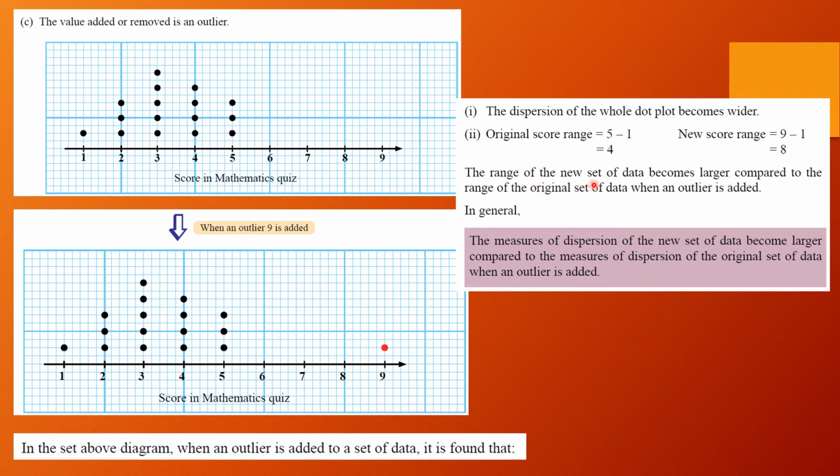The range of the new set of data becomes larger compared to the range of the original set of data when an outlier is added. In general, the measures of dispersion of the new set of data become larger compared to the original set of data when an outlier is added.